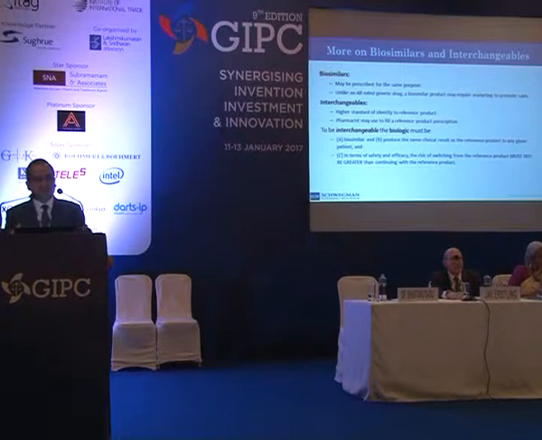There's no adjustment of dosages or anything needed. While a biosimilar merely has to have the same effect, the interchangeable should be interchangeable. And in terms of safety and efficacy, the interchangeable must be at least as effective and as safe as the reference product.